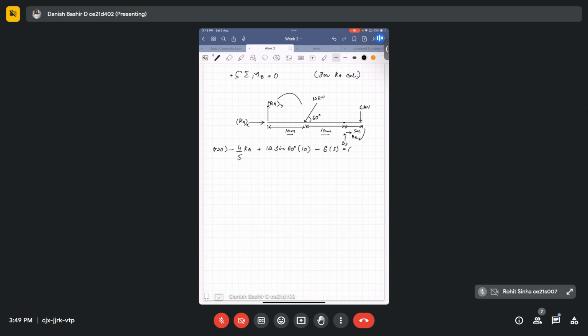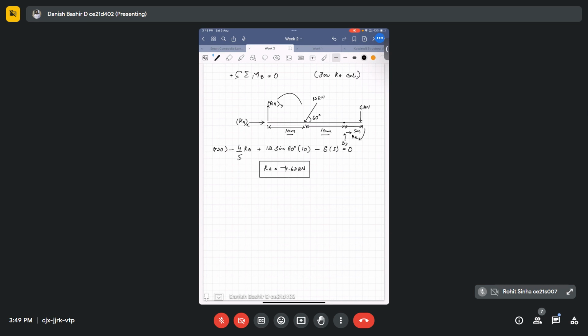Summation MB is equal to 0. When you compute this, RA comes out to be 4.62 kilonewton.